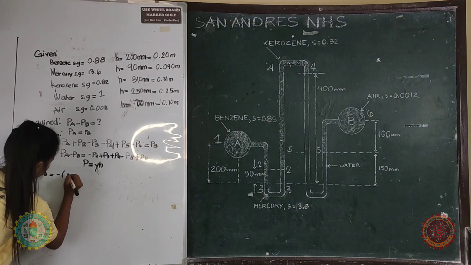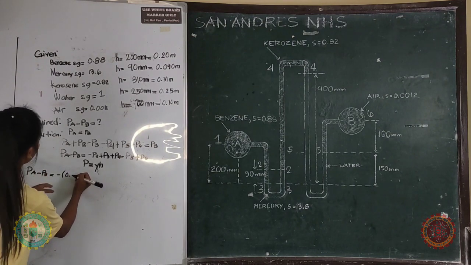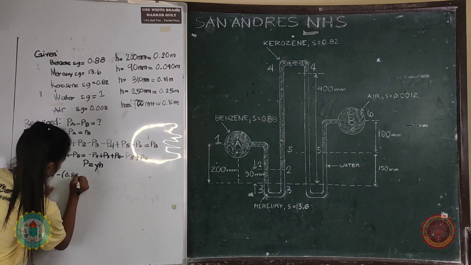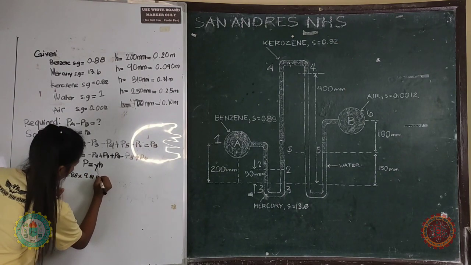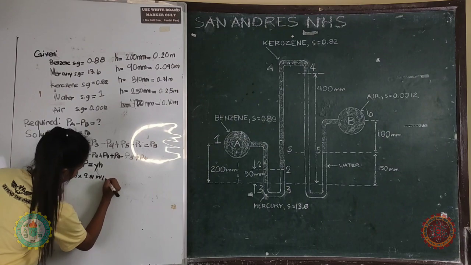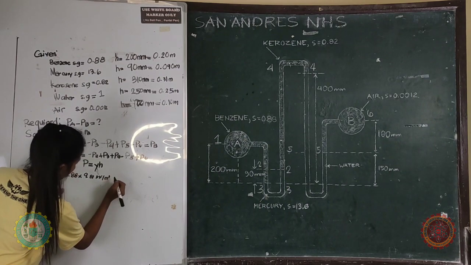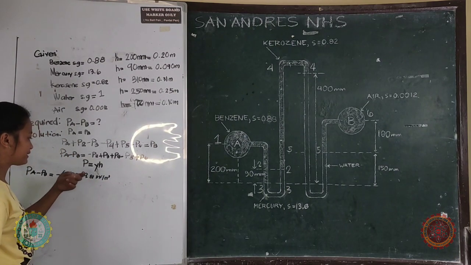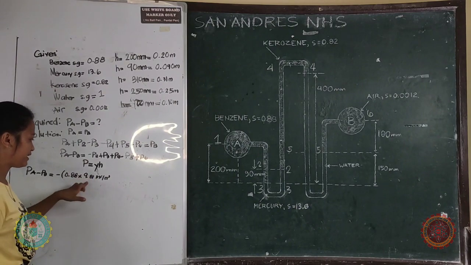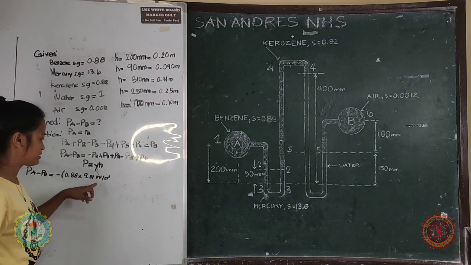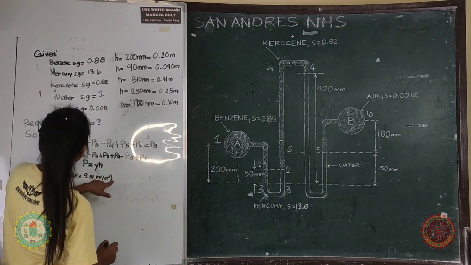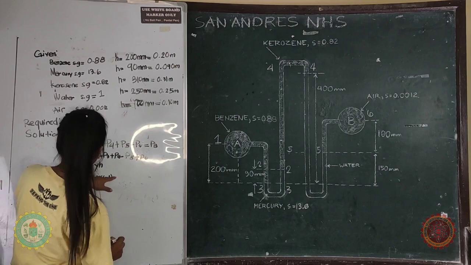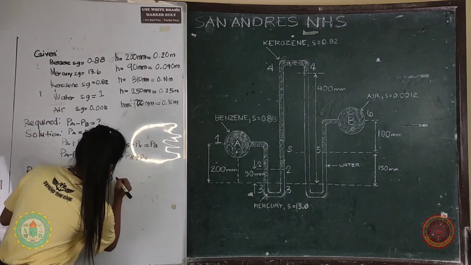So, negative, specific gravity of benzene is 0.88 times specific weight of water, 9.81 kilonewton per cubic meter. We use 9.81 because we are using SI units. Then times the height of benzene.